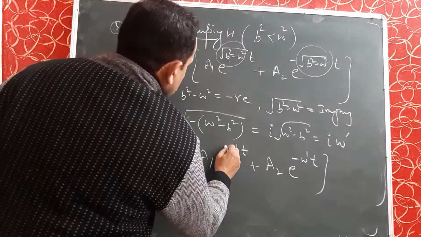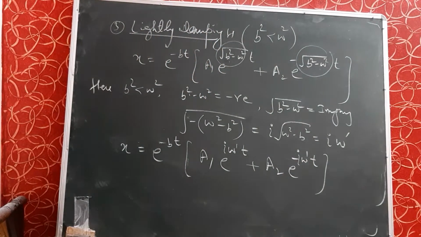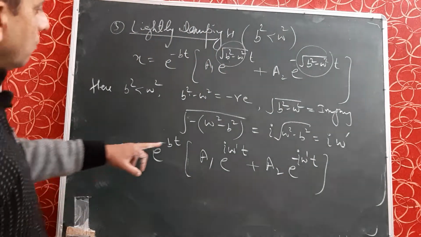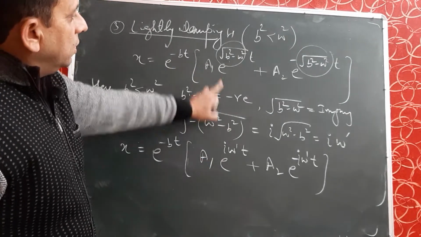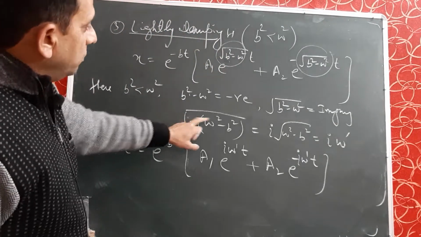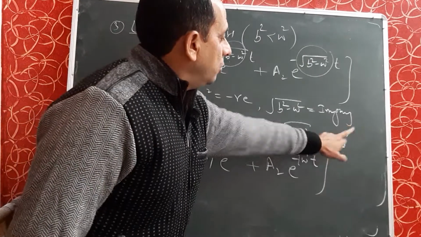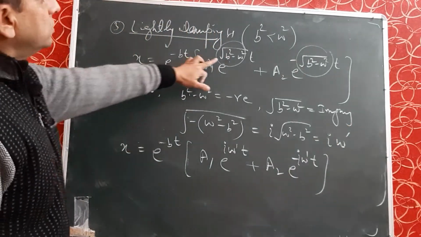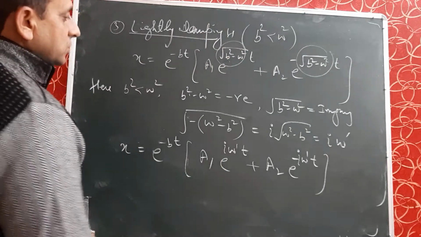Is it clear? This a1 e raised to power square root of b square minus omega square, I have changed as iota omega dash.